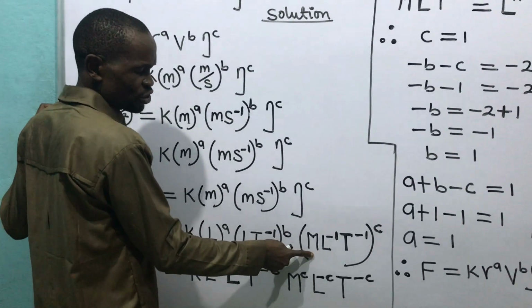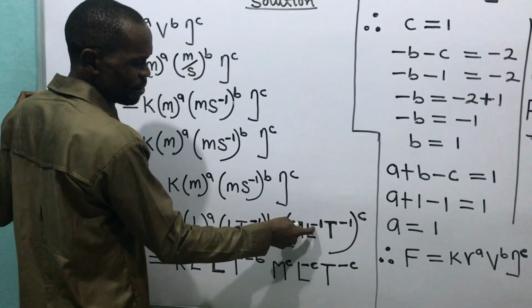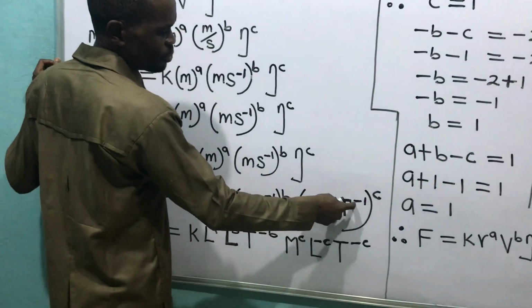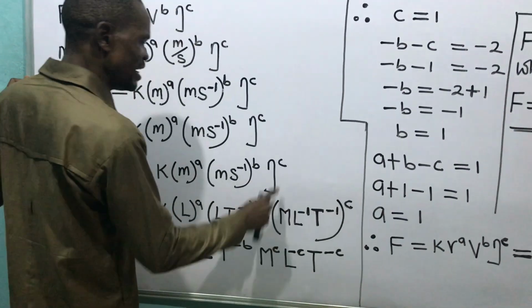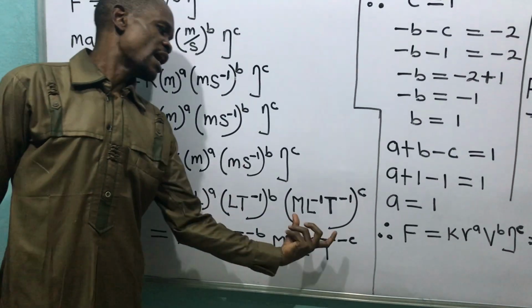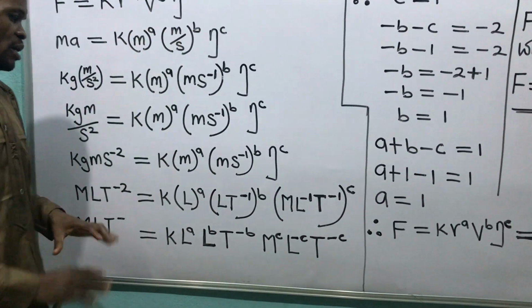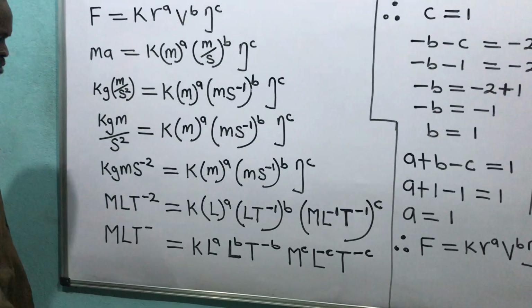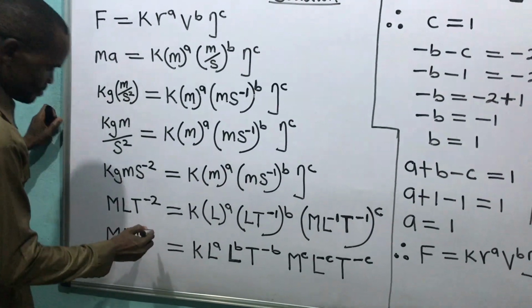Dimension of coefficient of viscosity is capital M L raised to power minus 1, capital T raised to power minus 1, raised to power C. We have removed the coefficient of viscosity and put its dimension.